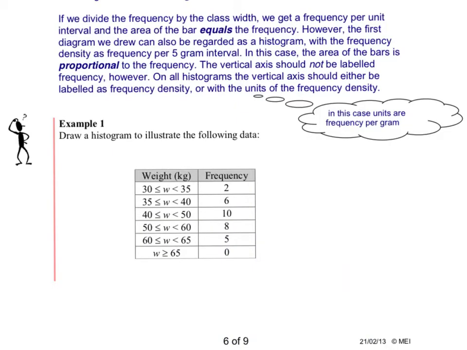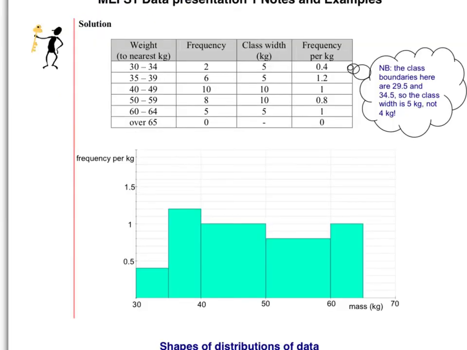Let's look at an example here. Here we have our class widths given to us and the frequency associated with each one. Right, if we were to plot the data, this is what we would get. As you can see, the weight has been put in a slightly different form. If we were given this form in the first place, then the class width will be taken from halfway between the two intervals. So it's 34, 35, halfway is 34.5, and it goes up by 0.5, so it goes down by 0.5.